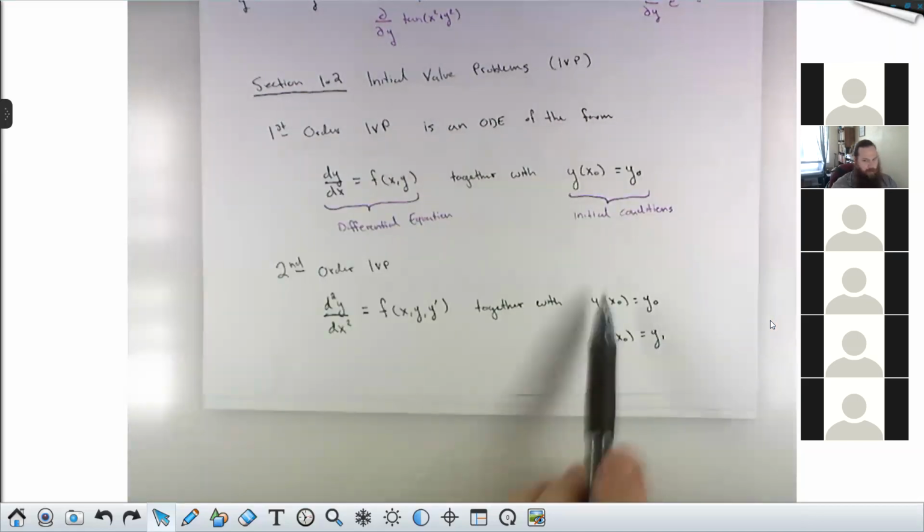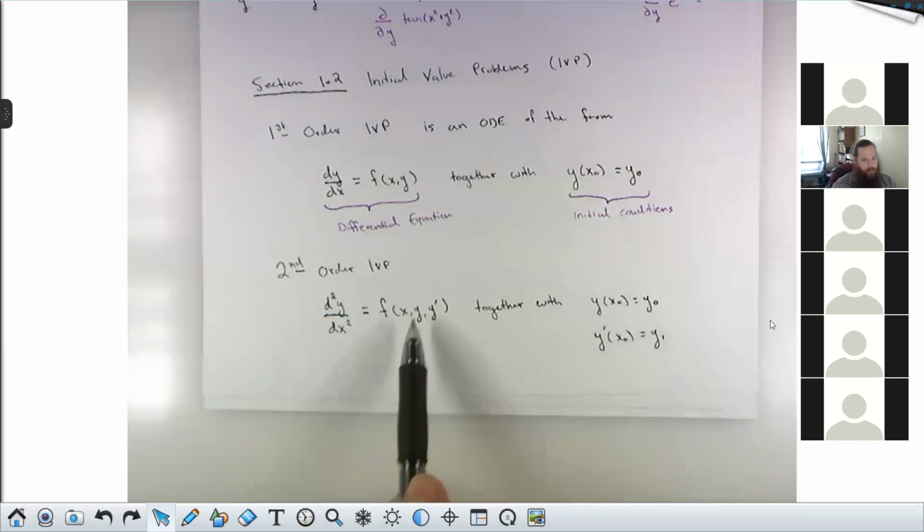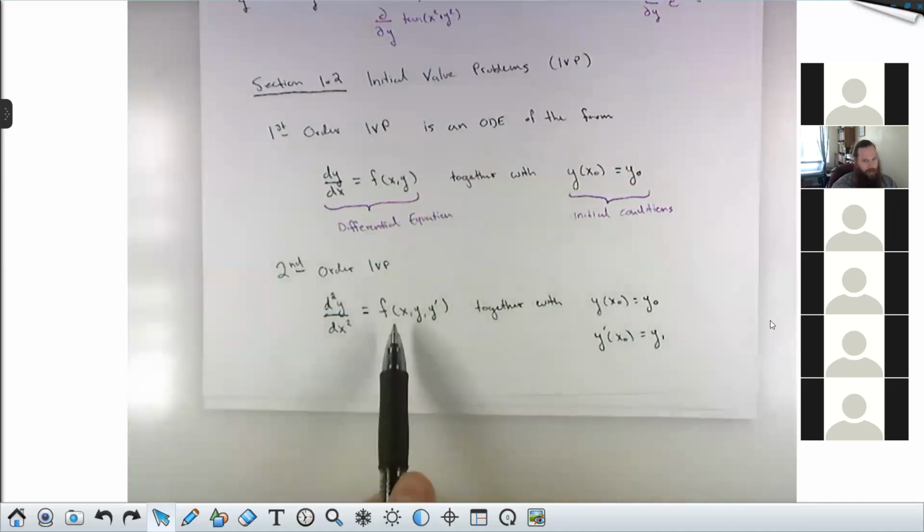So again, these are the initial conditions, and this is the differential equation. In practice, these don't look so scary. You just actually have some combination of x, y, and y prime on the right-hand side, or some combination of x and y on the right-hand side. It doesn't look as abstract when you look at a particular one. But trying to describe them in general is one of the challenges with ODEs. The notation gets a little hairy.